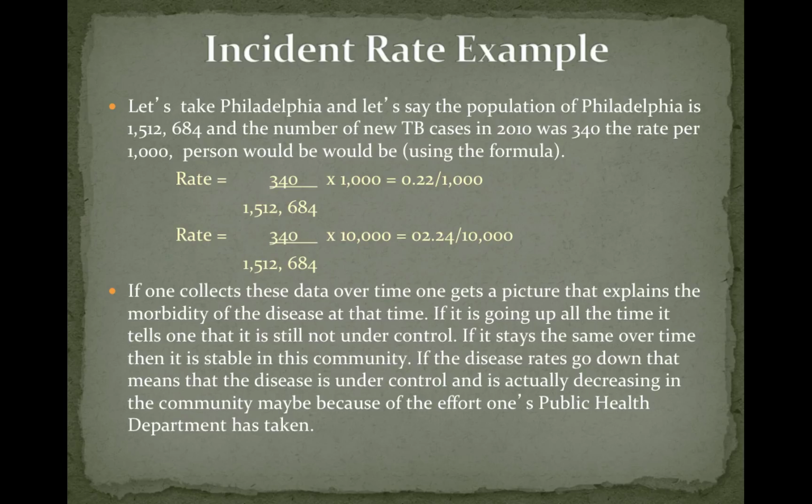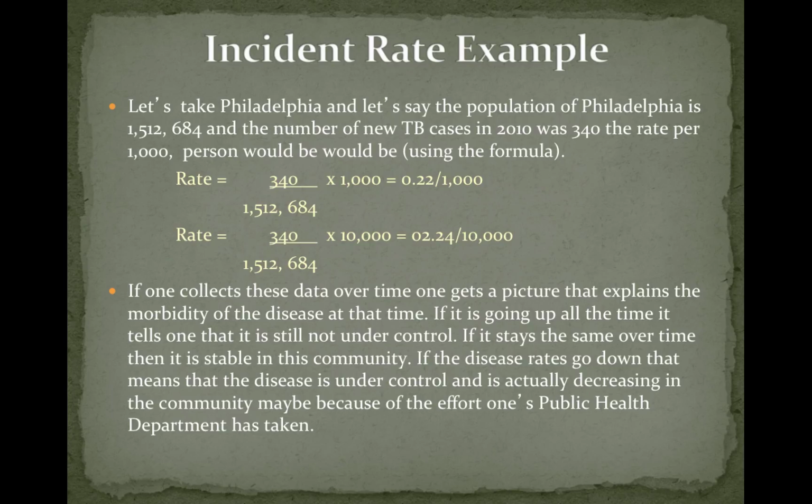That's kind of hard to picture, right? The one for 10,000 makes a little more sense: for every 10,000 people, 2.24 people are infected, so about 2 people out of every 10,000. For every 100,000, we move it over, so 22 people for every 100,000.